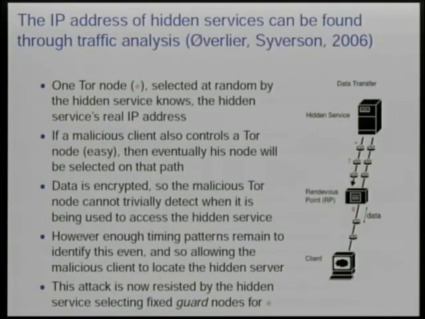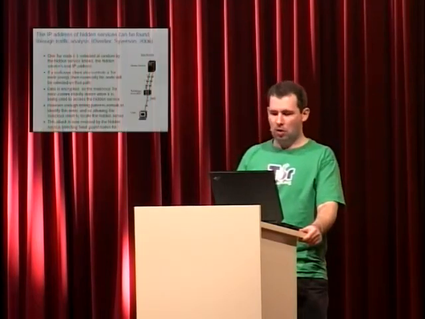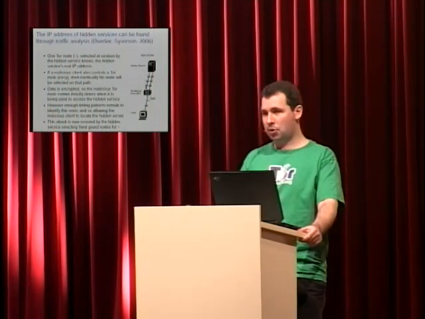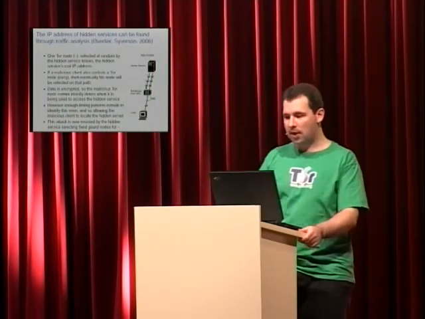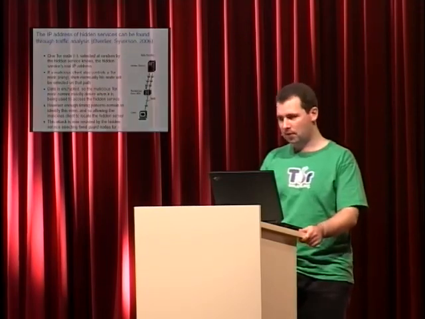This means that it knows the hidden service IP address. What it doesn't know is the hidden service's pseudonym, because the data going through it is encrypted. If an attacker owns 1 or 2 Tor nodes, then as the hidden service chooses these routers randomly, eventually the attacker will be in that position, and then the hidden service is vulnerable.